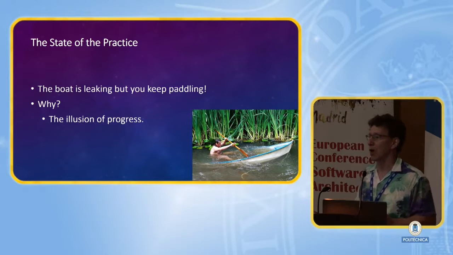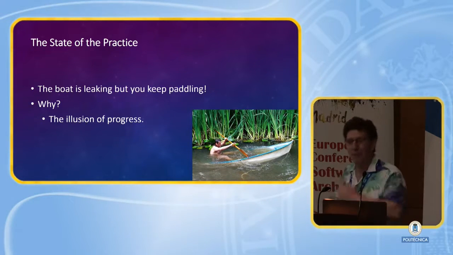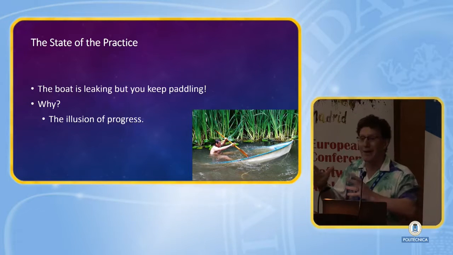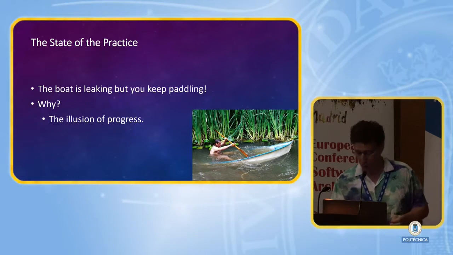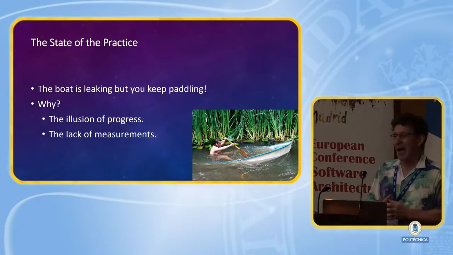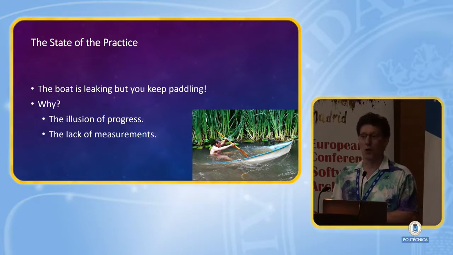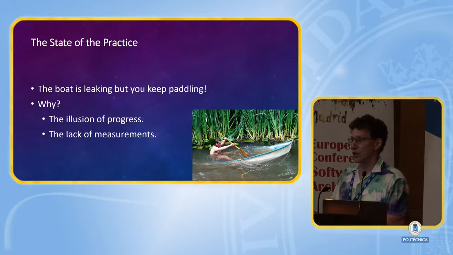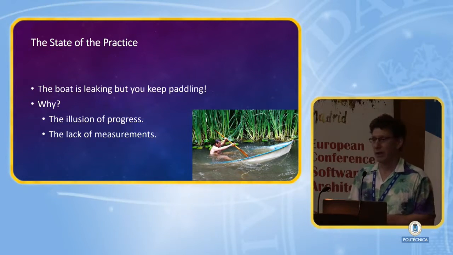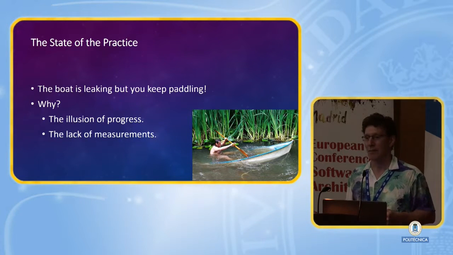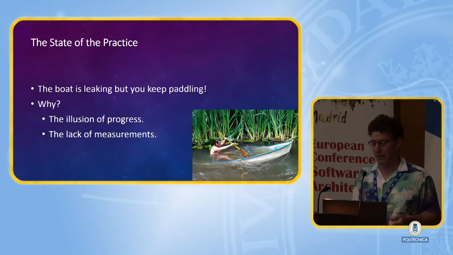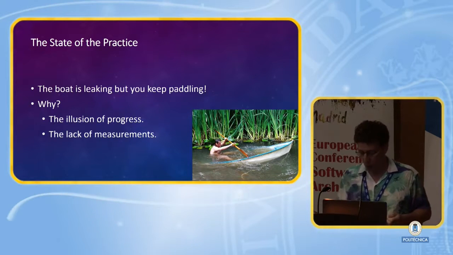And there's a couple reasons. One is the illusion of progress. We're working hard, maybe we're working harder than ever, and we are moving forward a little bit. We are still able to make some forward progress. And we typically don't measure the degree to which we are in debt, we are underwater, we are slowed down by the accumulated debt of the decisions that have been made over the years.